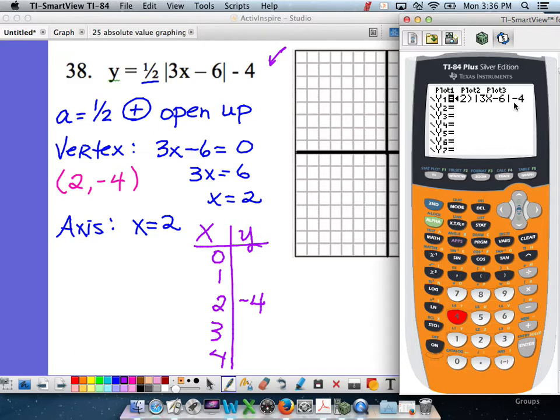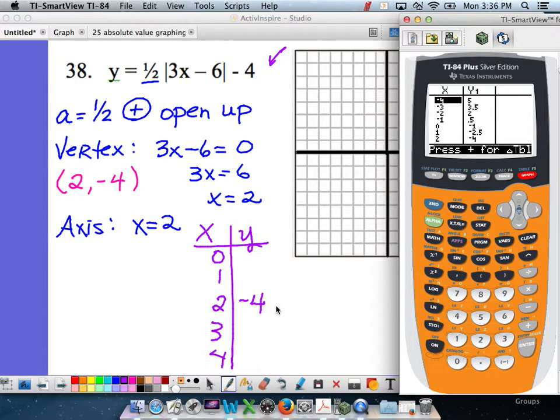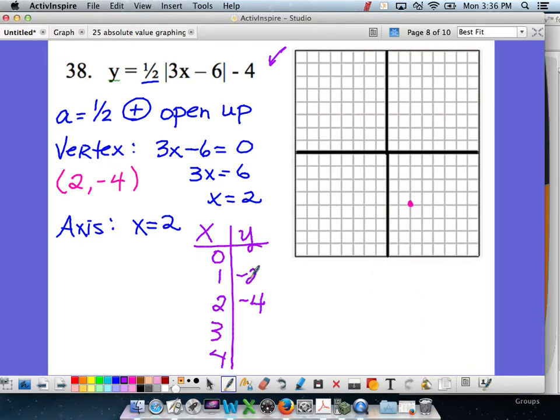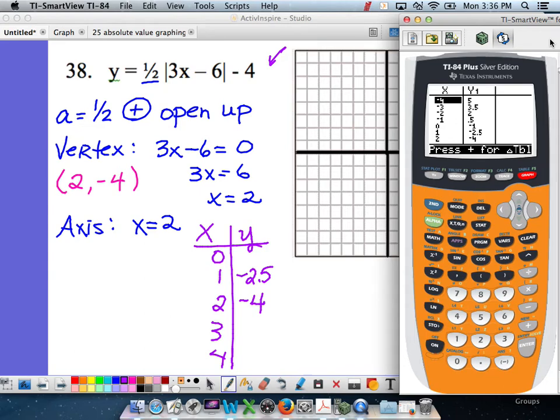Then you're going to go to your table of values, and you can see right here TABLE in blue. So it's second table, and it takes you there. The first thing I'm going to check is if my vertex is the point (2, -4). I look right here. It is the point (2, -4). So I then go, okay, well, what was it at 1? Oh, it's -2.5. At 0, it is -1.